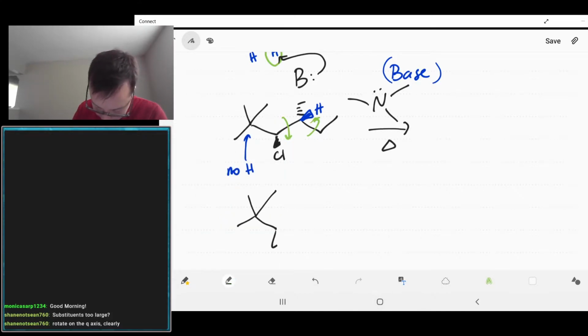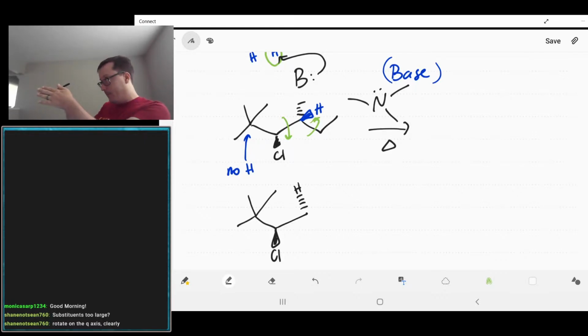So I'm going to leave my chlorine here on this wedge. I want my hydrogen to be on the dash, on the next carbon, right? So if I rotate it such that the hydrogen is on a dash, looking at the hydrogen, I need to rotate it counterclockwise so that it goes backwards.